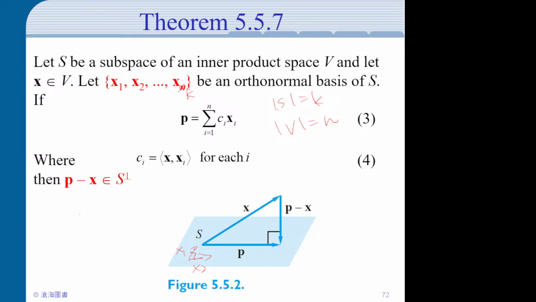And you can think that it's actually always possible, but we didn't prove it, that you can always have an orthonormal basis for S. So you have x1, x2 to xk, and this is an orthonormal basis for S, and then for the complement of S you have xk plus 1 to xn, and together this is an orthonormal basis for V. We haven't proved this yet, but it's always possible to find an orthonormal basis like this.